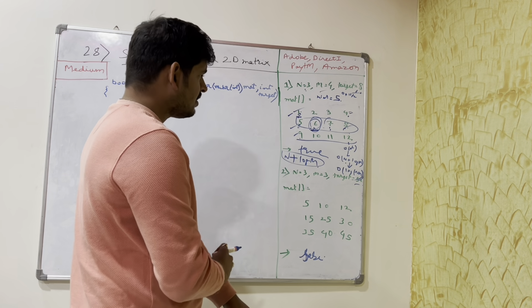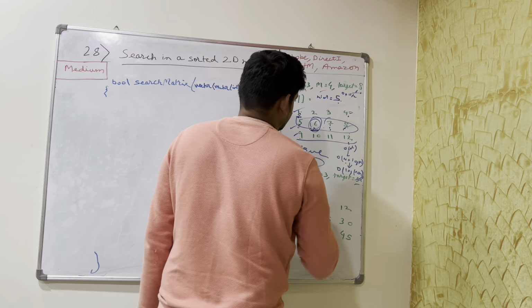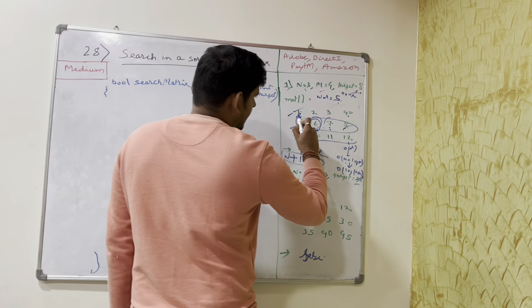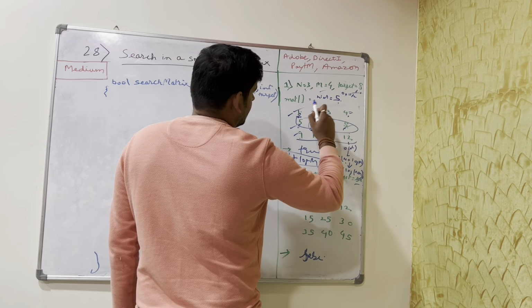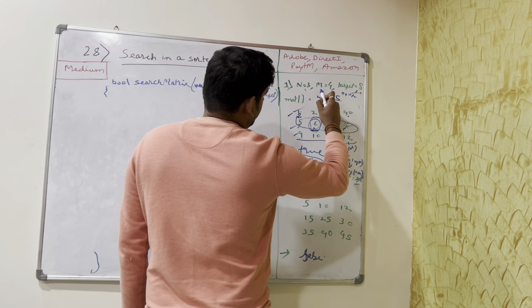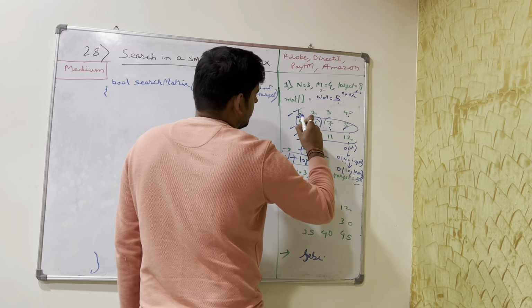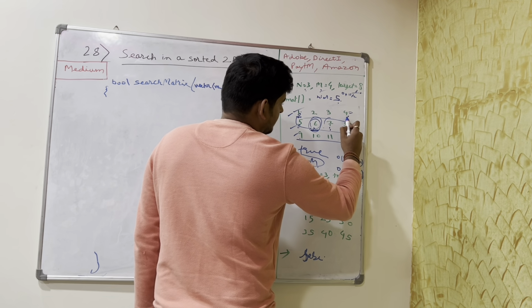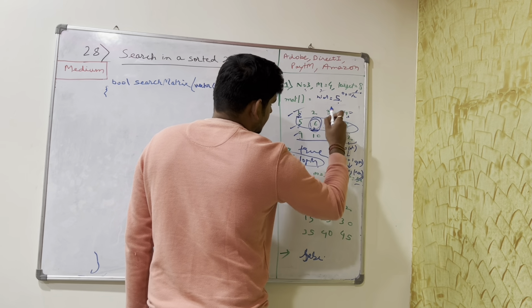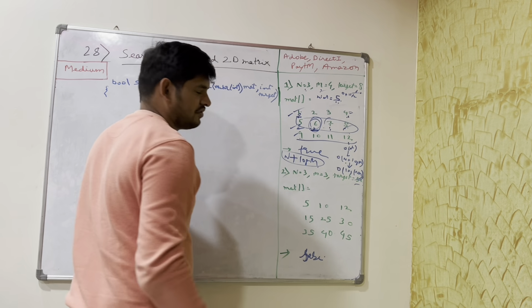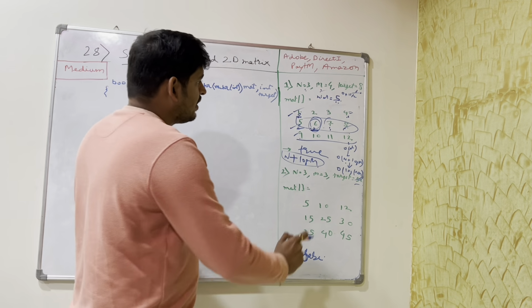Now how do we locate the fifth index? We see that in this row there are 4 elements. What is m? m is the number of columns. If there are 4 elements here, then the fifth index element will always be in the next row. And how do we locate the row?